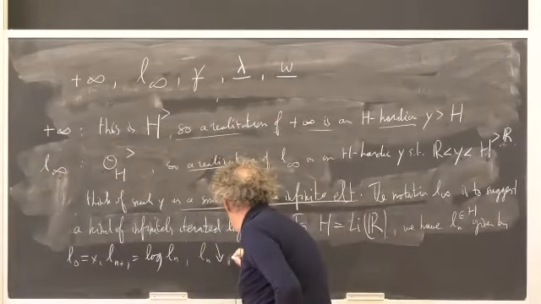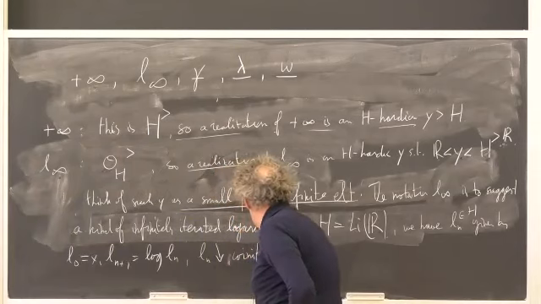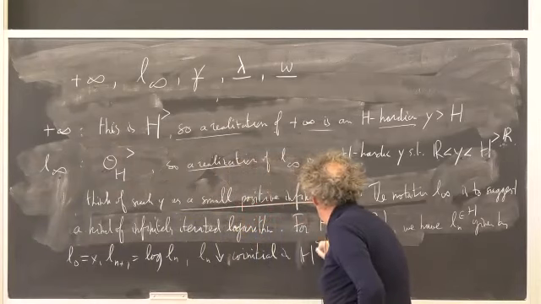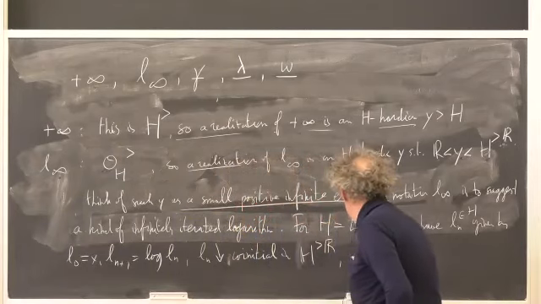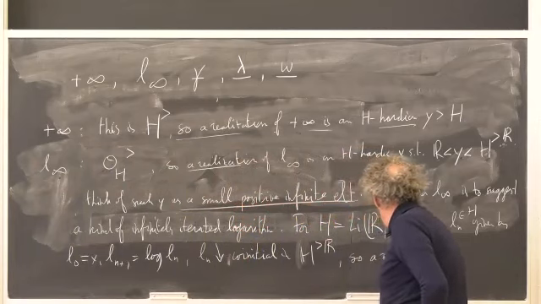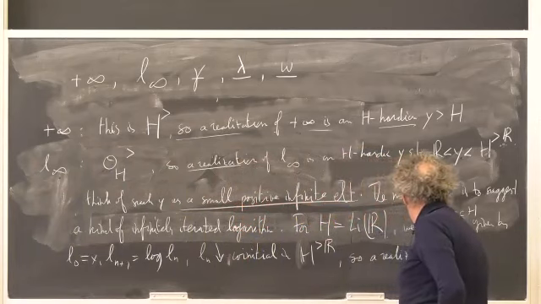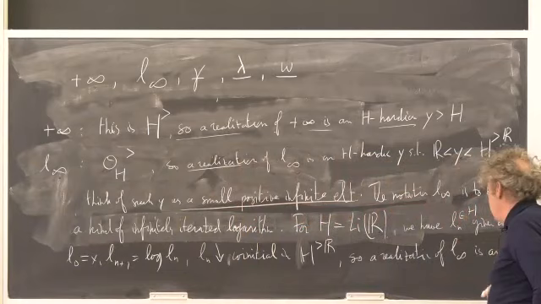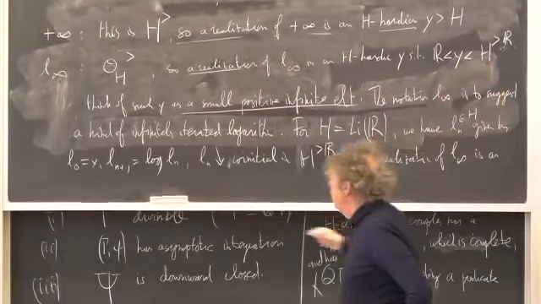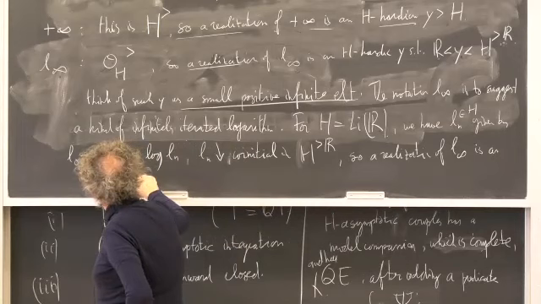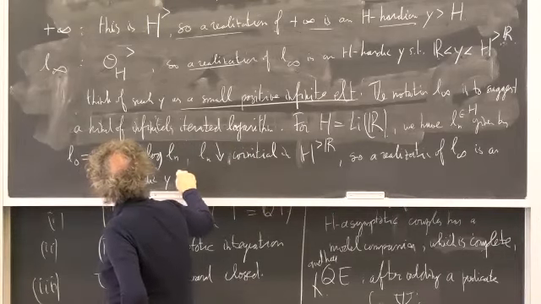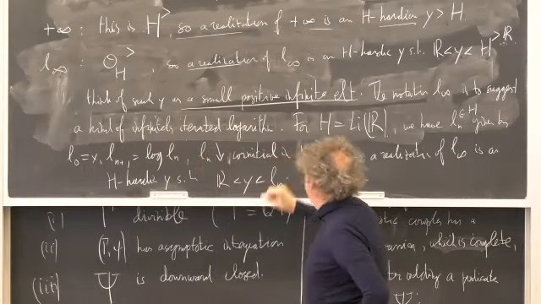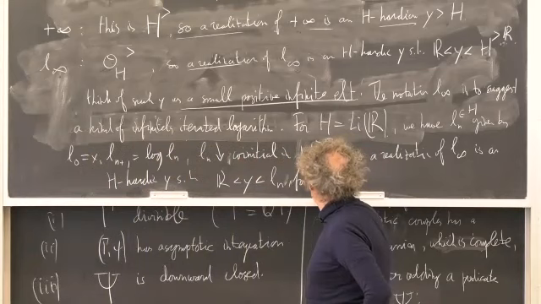So it's co-initial in H bigger than R. And so a realization of L infinity is an H-Hardian Y such that it's less than all the L_n for all n.